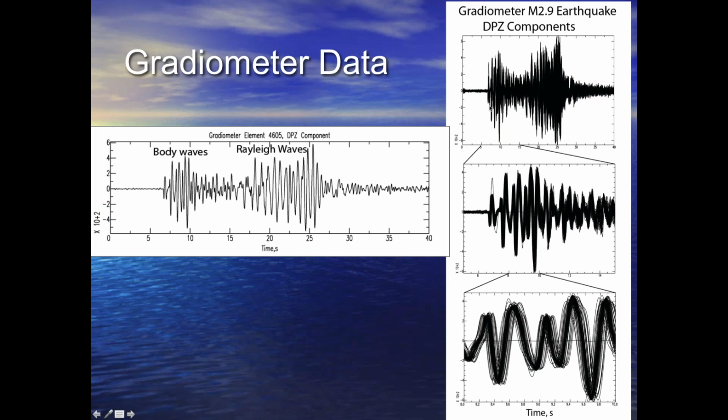If we stack all of the vertical components for the gradiometer, we see that they stack pretty well. There's very little variation in amplitude and phase across that gradiometer, which is portending well for being able to calculate good spatial gradients.